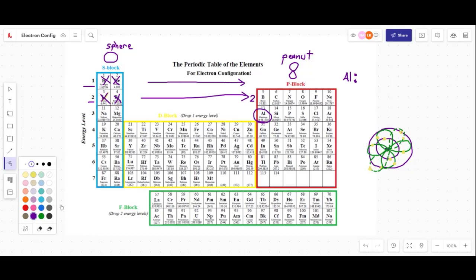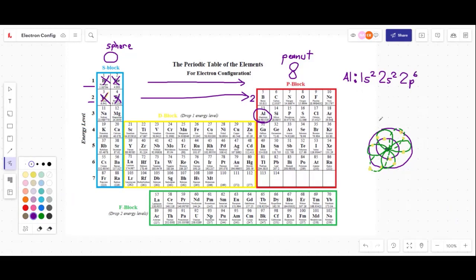So in the electron configuration, I've already done 1s2. I put the first spherical orbital. Then I went a little further out, and it goes 2s, and then I indicate the number of electrons with the superscript, so it'll be 2s2. And then for this, there's 3 p orbitals, but they're all part of what's referred to as the same subshell. And so it's going to be 2p6.